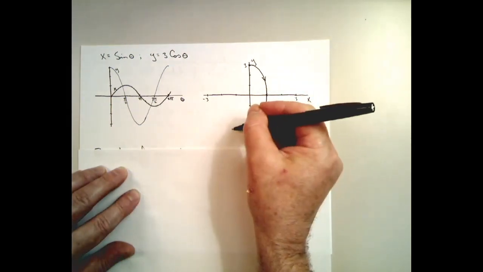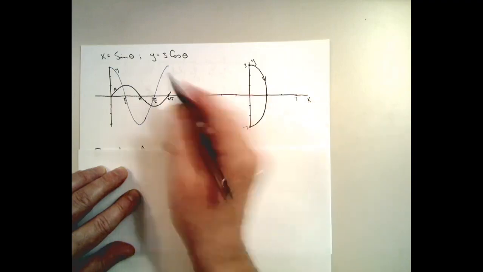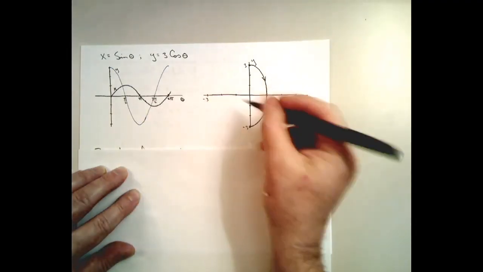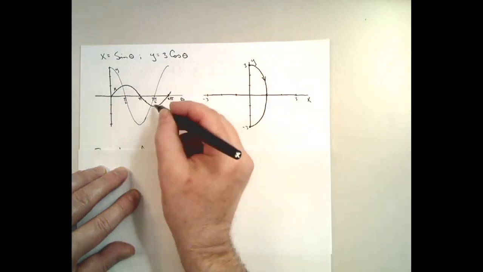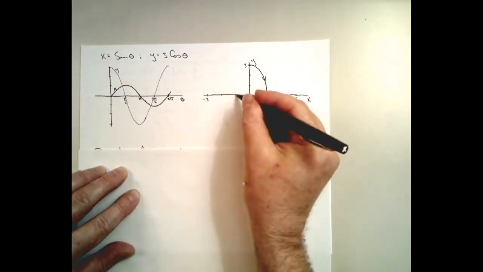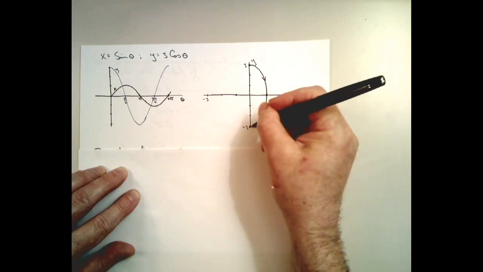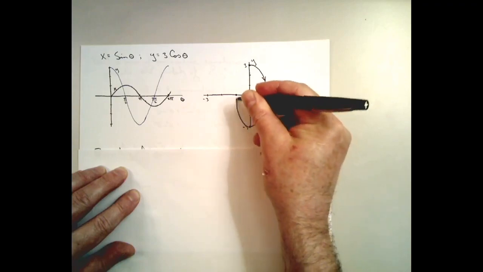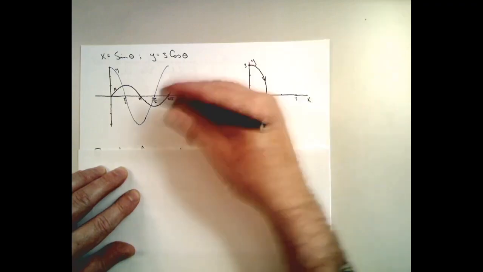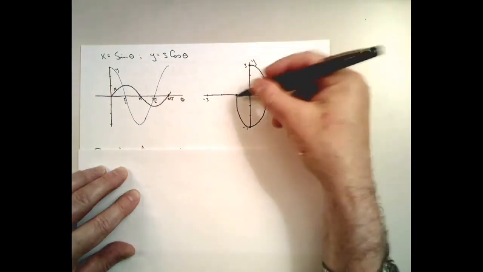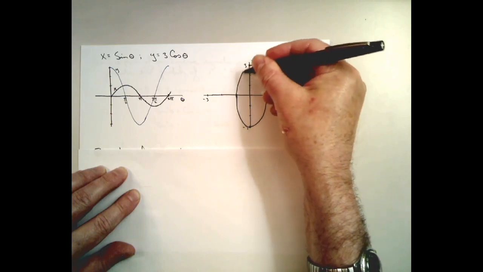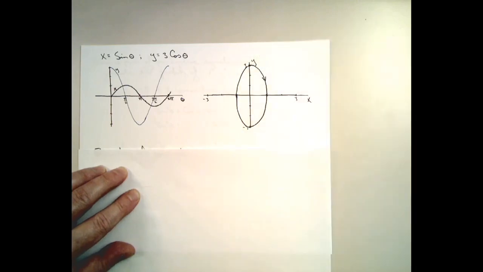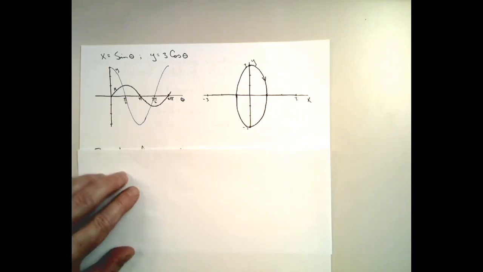My y's are increasing to 0, and I'm heading toward the point where x is -1, y is 0. X is -1, y is 0 is right there. So there I go. And then continuing on, my x's come back to 0 while my y's go to 3. And we have what appears to be an ellipse.